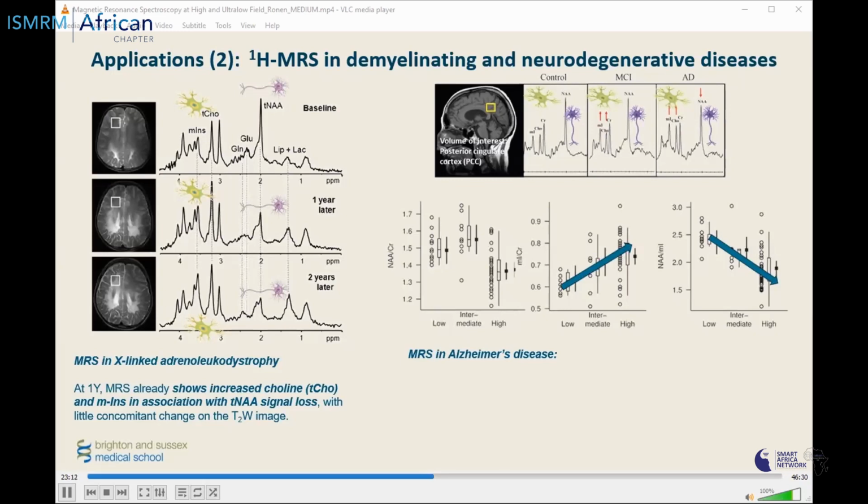And again, here you see on the graphs, you have a decrease in NAA going from low to intermediate to high cognitive impairment, and an increase in the concentration of myoinositol, or in the signal of myoinositol.